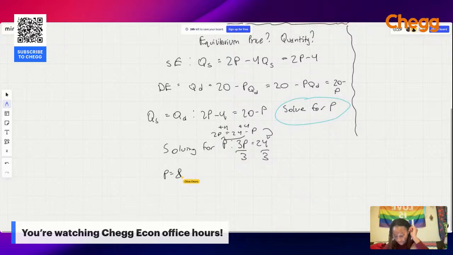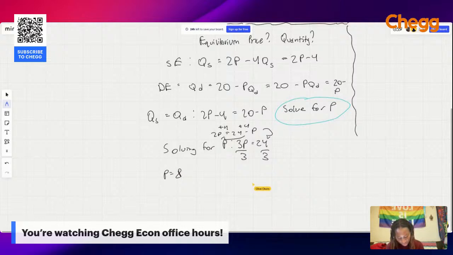So now that you already know the quantity supplied, which is basically also the equilibrium price, oh, P is the equilibrium price, by the way. And we just substitute that into one of the equations. So we can substitute into the quantity demanded equation.